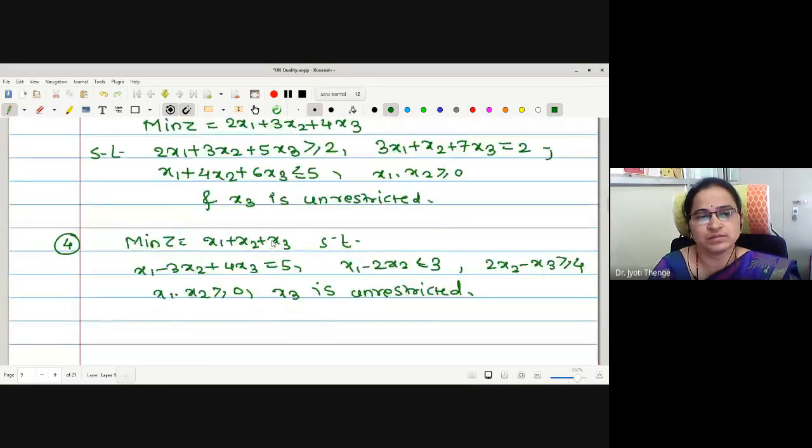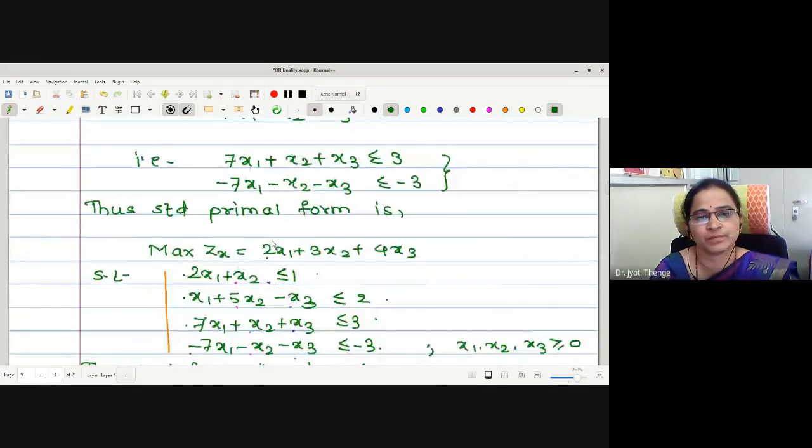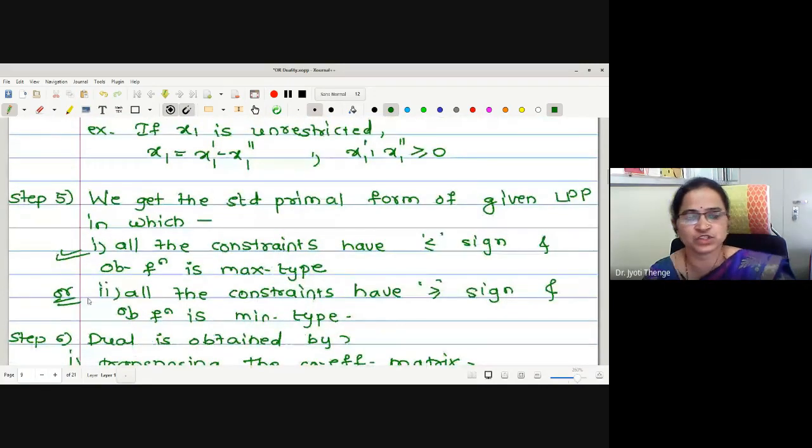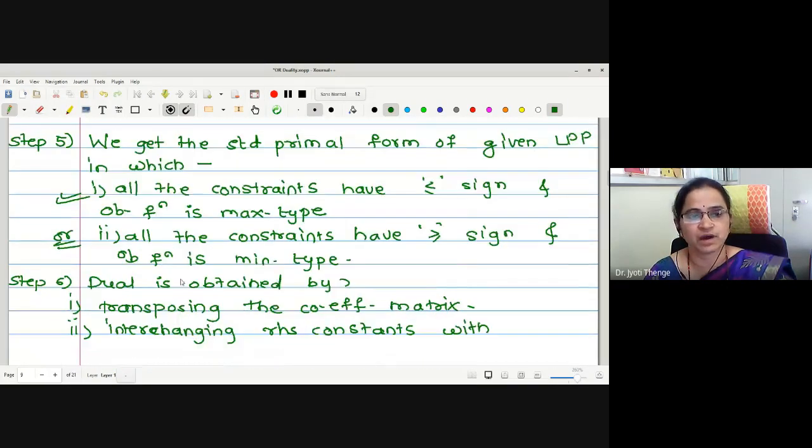Because we have seen only this form. There are two standard forms we have mentioned: all constraints less than or equal with objective function maxima, and all constraints greater than or equal with objective function minima is the second form.